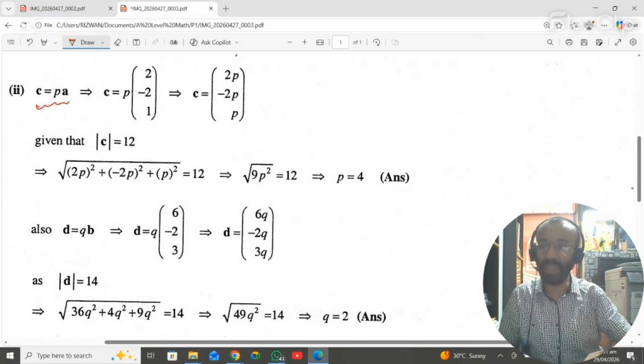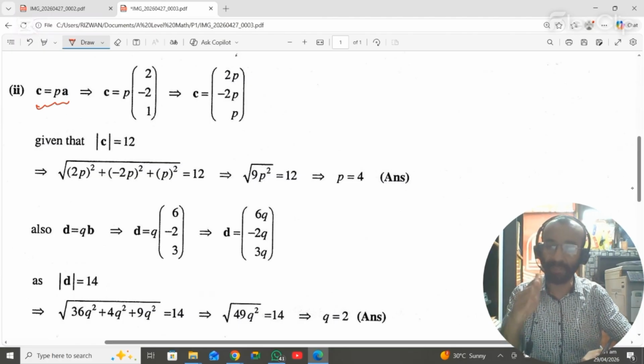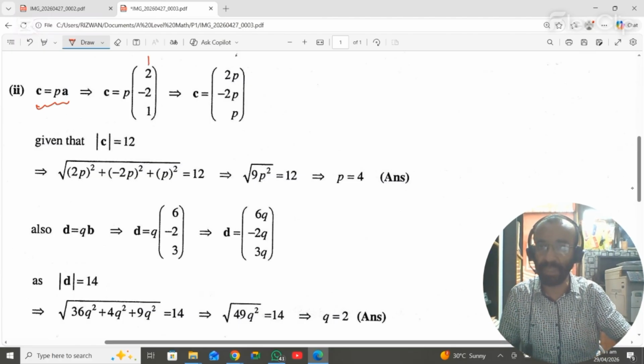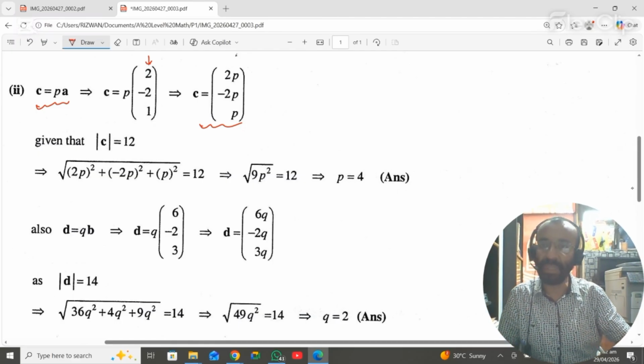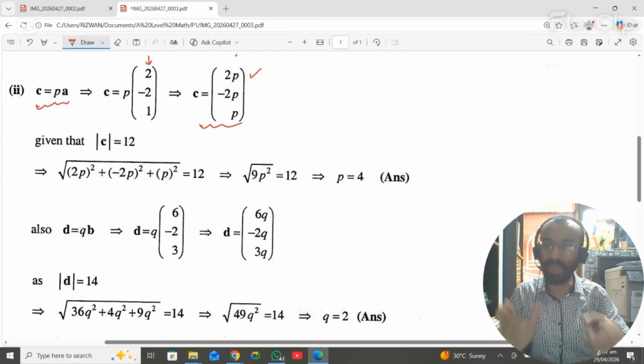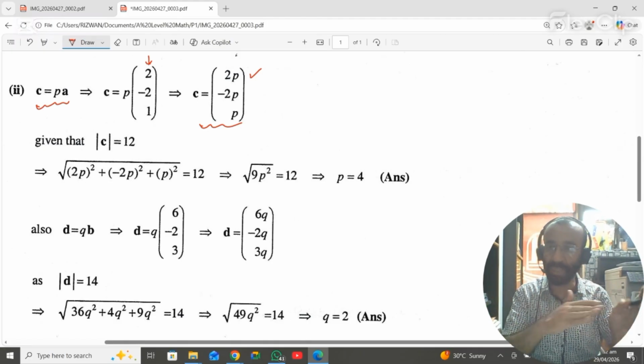So this was the equation given in the question: c = pa. We are putting the values into this equation. a's vector is given, so we put the vector a in place of a. Now p will be multiplied inside the bracket. And now c's magnitude is given in the question, that is 12. So we take the magnitude of c's vector and set it equal to 12.